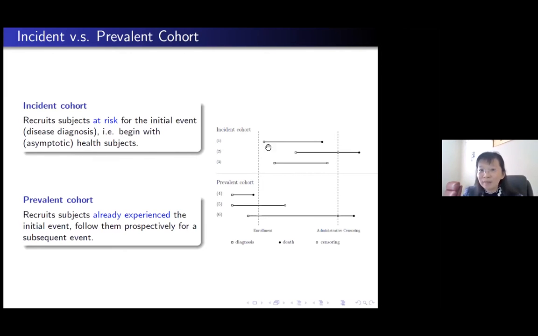We will observe their occurrences of breast cancer and follow them until their death, loss to follow-up, or end of study. On the other hand, if we use prevalent sampling, we will draw samples from patients with breast cancer. Then these identified subjects are followed until their death.